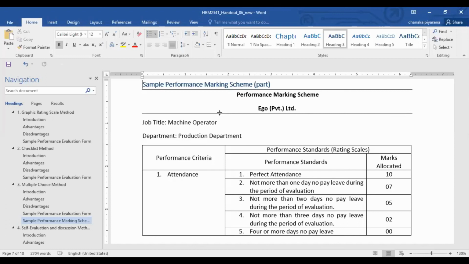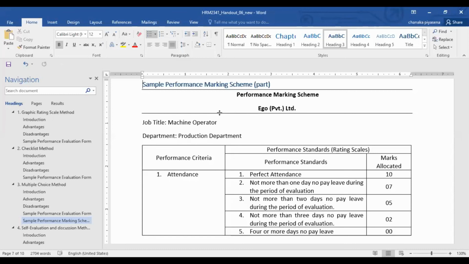But if there is a 1 day no pay leave during the year, that person falls under the second level. Third level, not more than 2 days no pay leave during the period of evaluation, 1 year, falls under the third level. Fourth level, not more than 3 days.